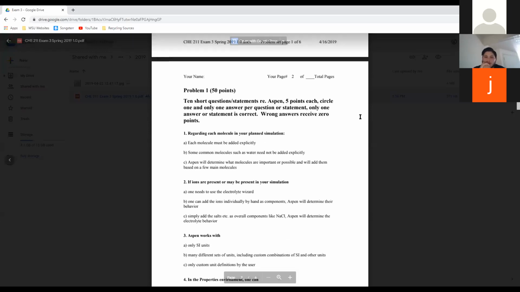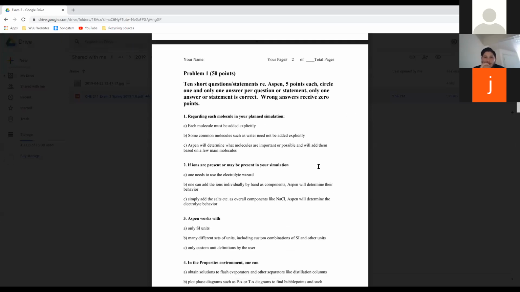Oh yeah. Okay. They're in this format. What are the technical aspects of Aspen itself, and then later on it goes into some what-would-you-do-here scenarios. But this is just for molecules, right? In your simulation, do you have to add them, or will it just do it for you?